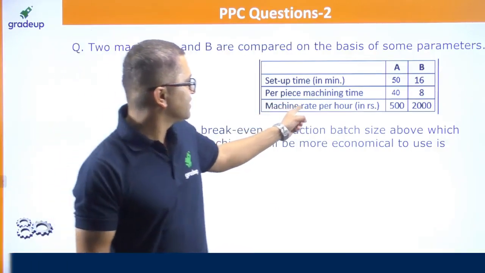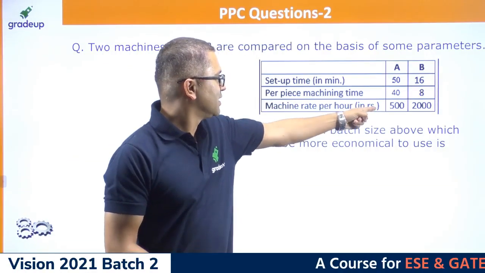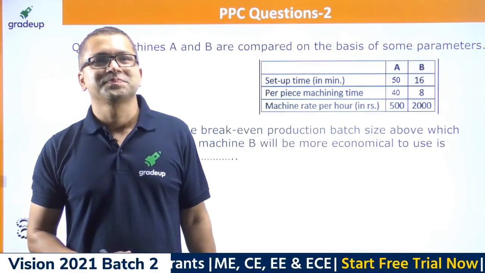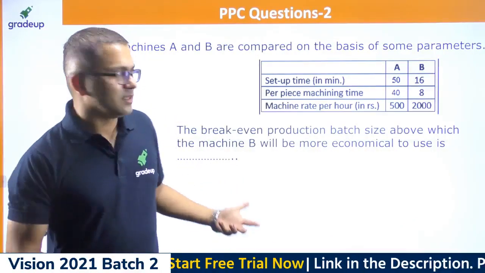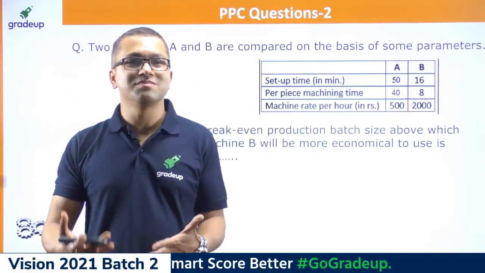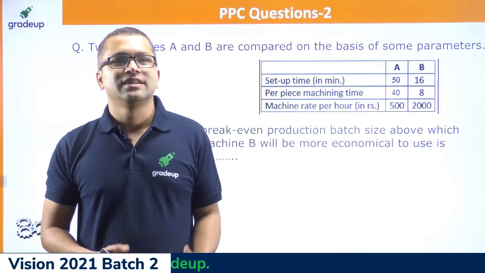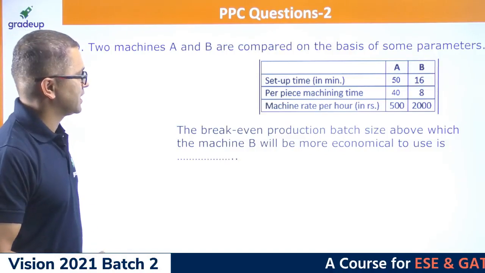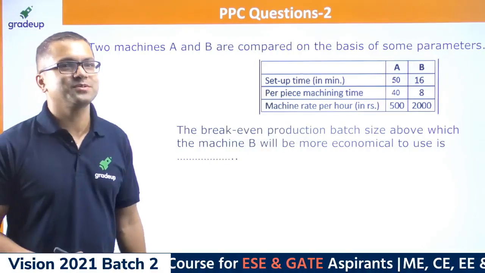For example, machine rate per hour is nothing but 500 rupees. So that might tell you it's a cost, right? In 1 hour, the cost of A is 500. So can you please just make it out yourself? Okay, Sunil.